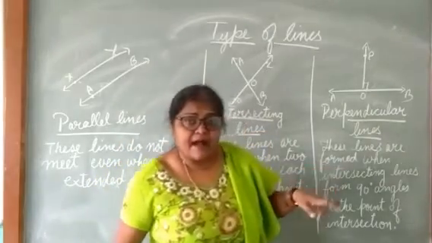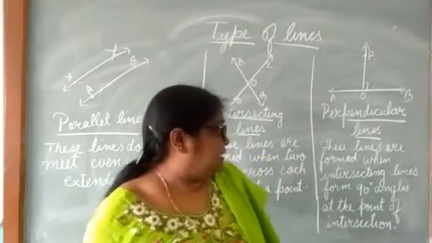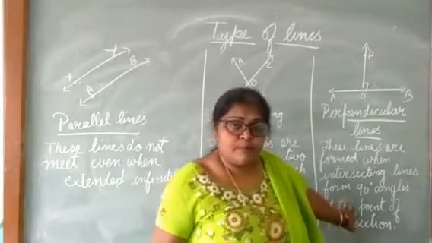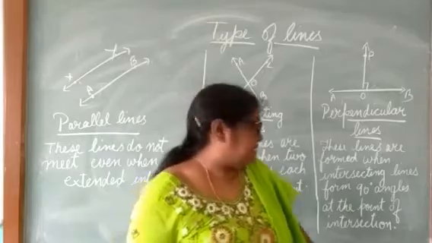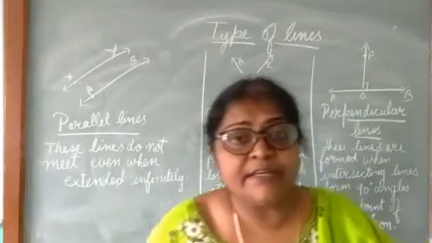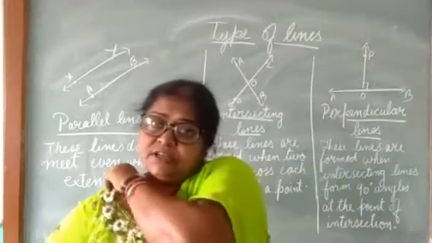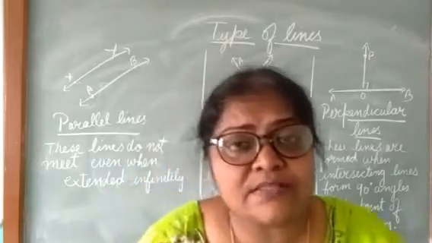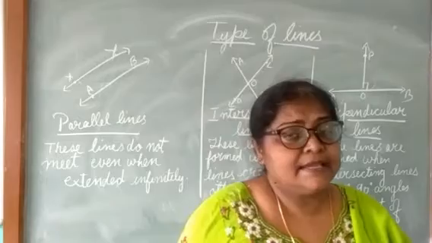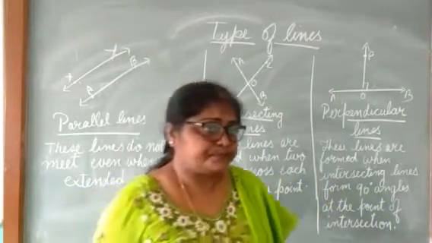These lines are formed when intersecting lines form a 90-degree angle at the point of intersection. Clear to you all?